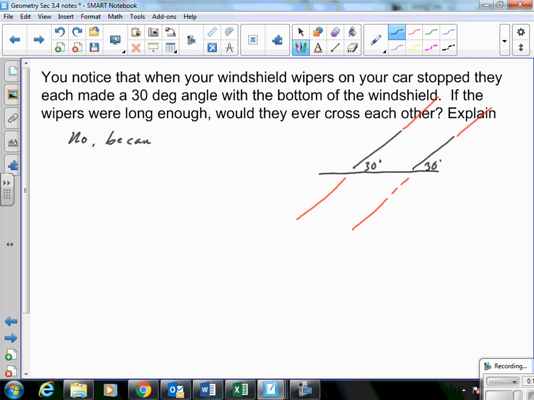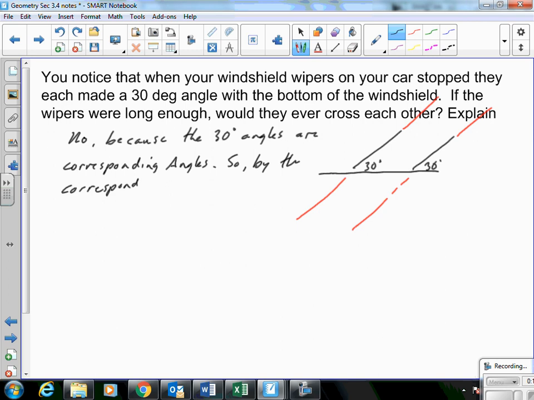So I'm going to say because the 30-degree angles are corresponding angles, so by the corresponding angles converse postulate, the wipers are parallel.